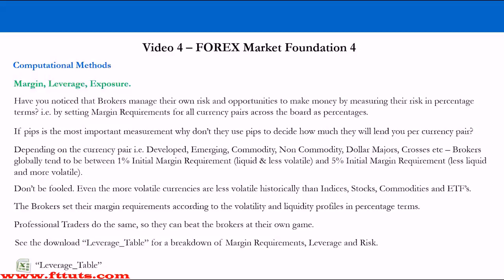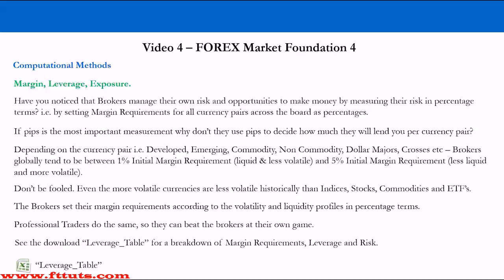Go through the Excel spreadsheet leverage table in your own time, and just make sure you understand the basic computational method of margin, how it's worked out, leverage and exposure, and just understand the principle of the volatility being transposed onto the risk of the broker's platform, so the risk that you're allowed to take. The principle is very straightforward.